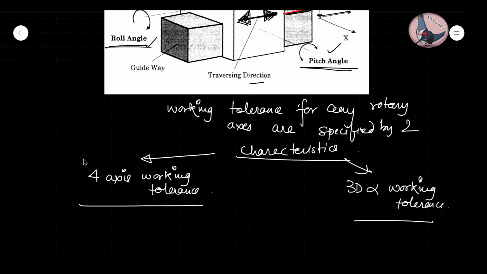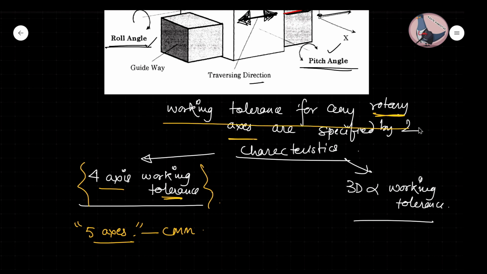At this point I will make one point: if someone is asking you how many axes are there in a CMM, there are CMMs with 5 axes also. So don't get confused between this 5 axis CMM and your 4 axis working tolerance for any rotary axis.